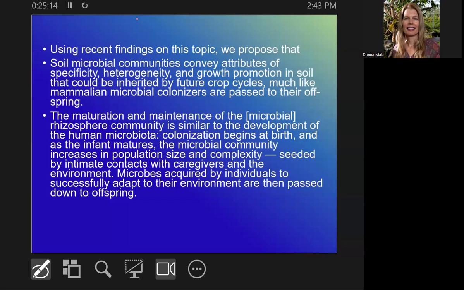And so they're saying that it has a soil memory that can get passed to the seeds that land into that patch and start growing. The previous plant that was there is leaving a soil memory of microbes in that soil system.